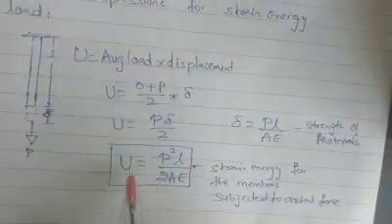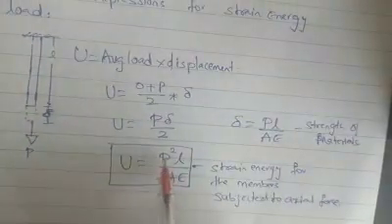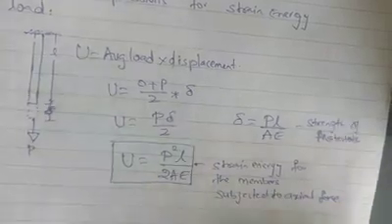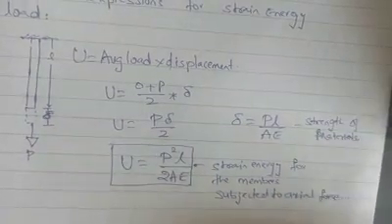So we have to remember that strain energy is equal to P square L by 2AE. This is for pin jointed trusses. All the members will be having this form of strain energy. Coming to the beams.